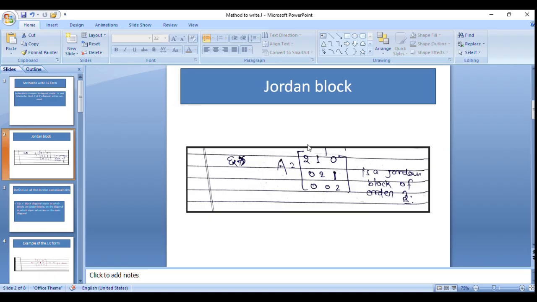So this is a Jordan block, and a Jordan block of order 4 will be a 4 cross 4 matrix having all the same elements on the diagonal, 1, 1, 1 above the diagonal, and all other elements 0.